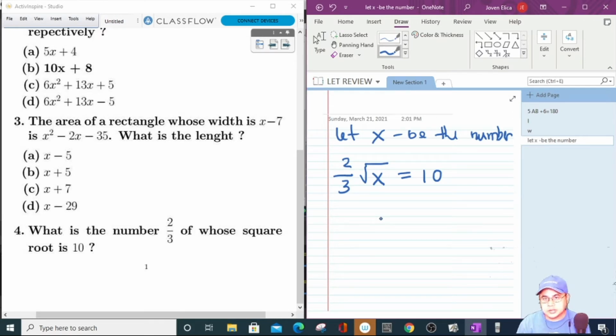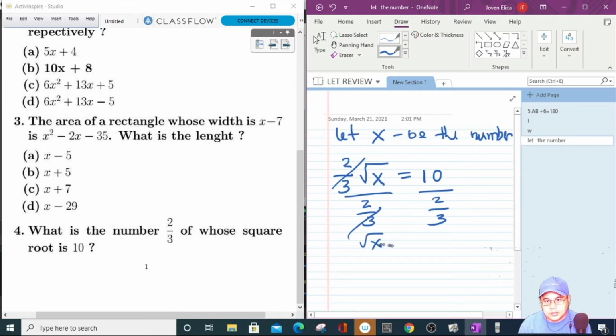So from here, we can now cancel out 2/3. Let us divide both sides by 2/3, and this will cancel out.